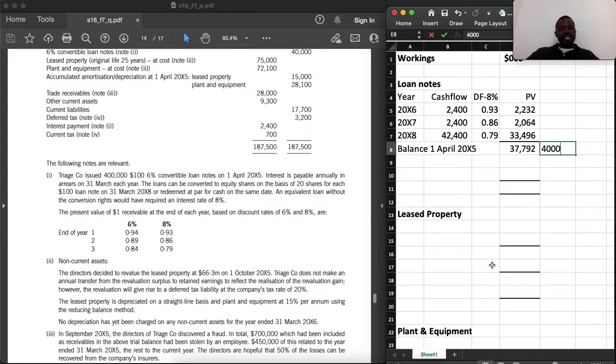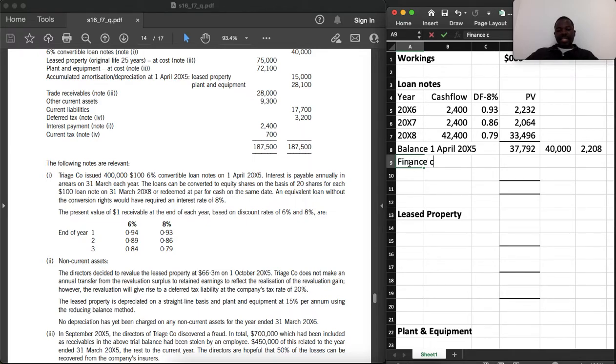Then to split the liability component, we have to say 40,000 minus the liability component. We get 2,208, which is the equity component. Now, if I have my opening balance as 37, I need to add the finance cost.